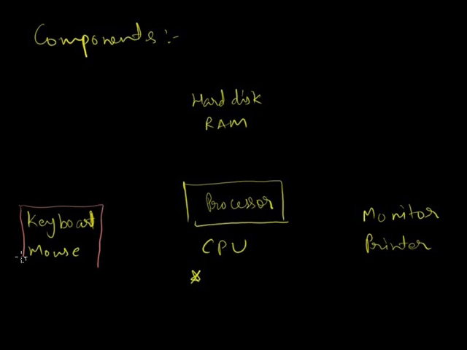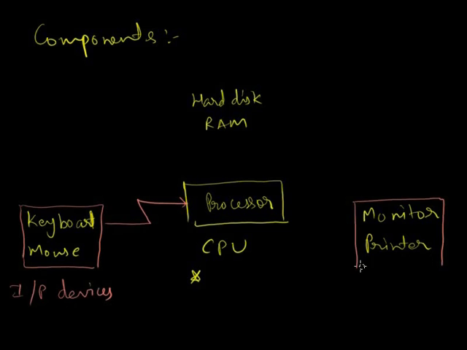These keyboard and mouse form the input devices. These give data to the computer. Similar to input devices, those devices which take data from the computer, which display data from the computer, or which output the data from the processor are known as output devices.